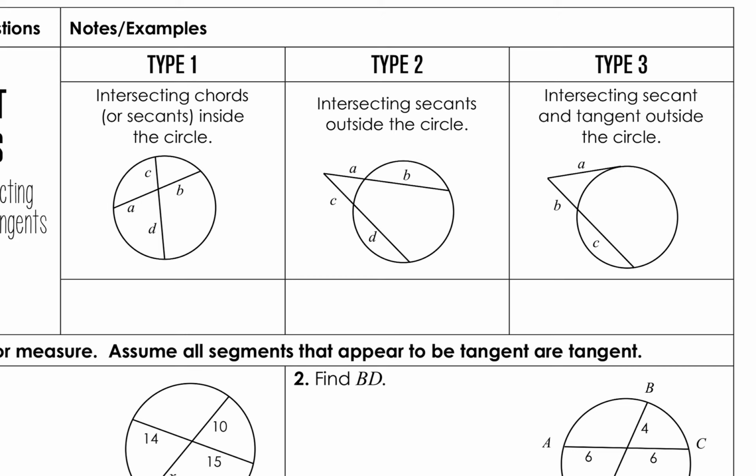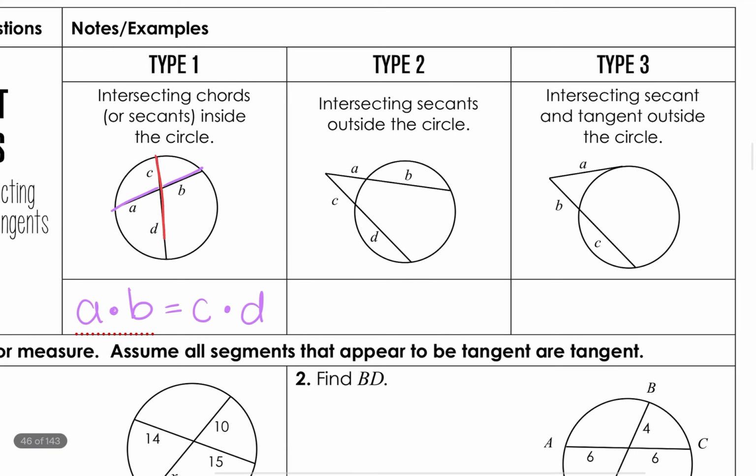So when there's an intersection inside of the circle, you're going to be able to find the segment lengths by multiplying segment A times segment B, and that's going to be equivalent to segment C times segment D. Okay, so we're taking 2 segments from the same line. Just to color match, we have C times D is the red line.